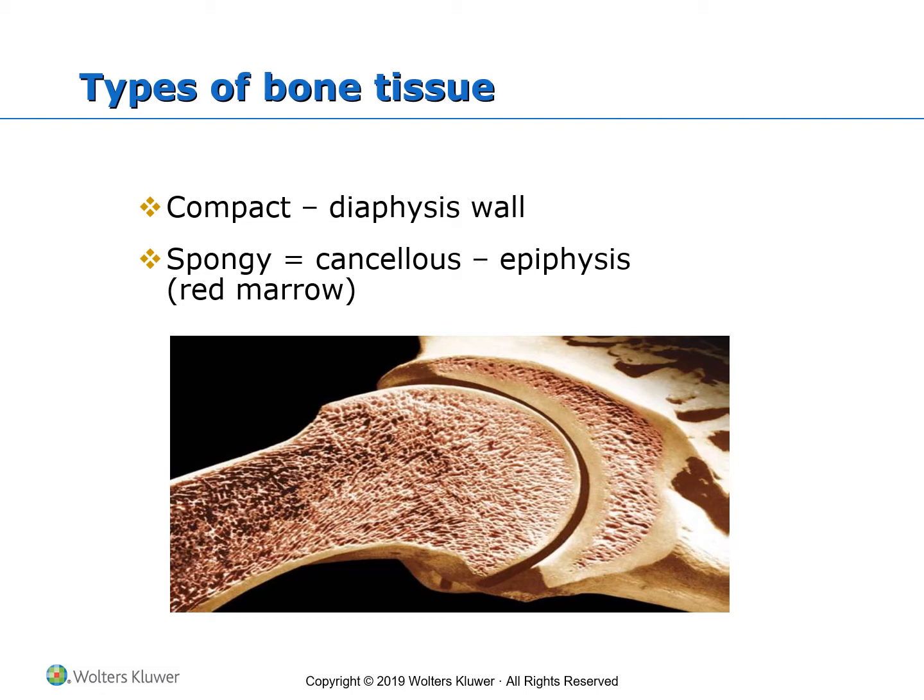So if we describe the bones by their shape as long bones, short bones, and irregular, by looking at their type inside, how they are structured from a microscopic point of view, we classify them as compact bone tissue or spongy or cancellous type of bone. And you have a representation of both of them.